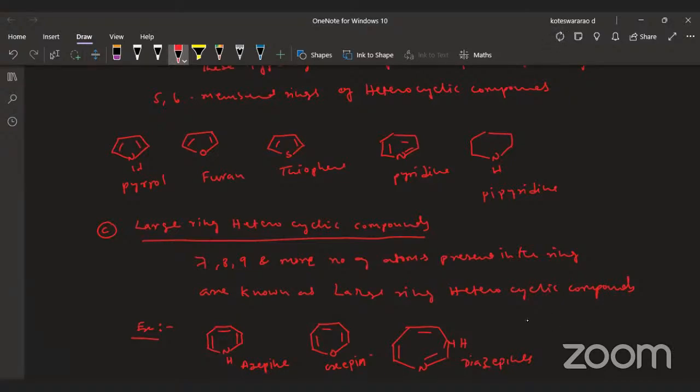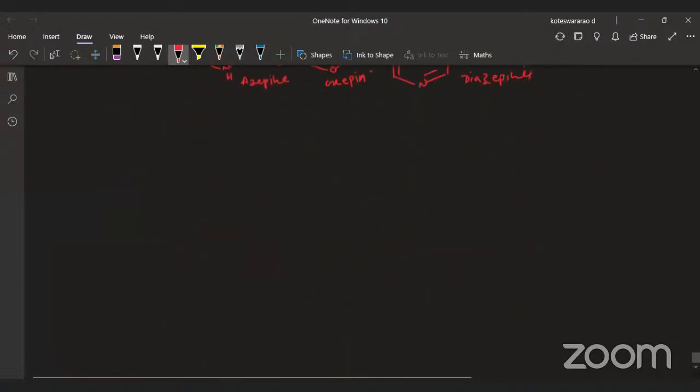We can also take the 9-member ring: nonines, oxonines, azonines. For example, I'm going to give you an 8-member ring. We put one oxygen here, maybe two hydrogens are there here.